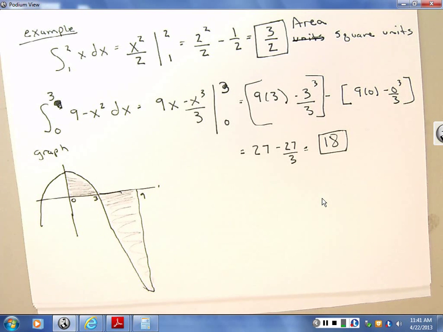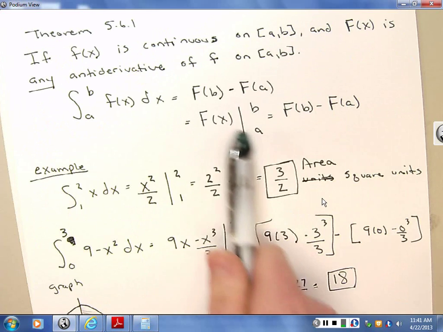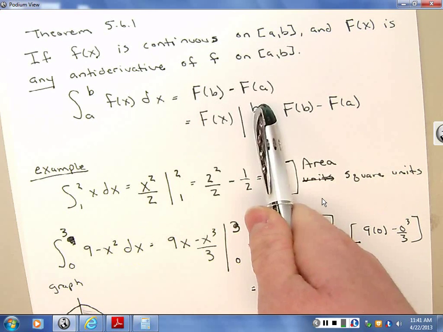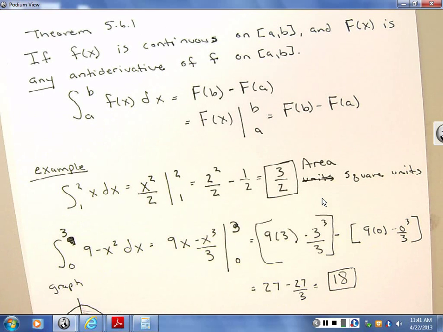Does that make sense? Yes. Can you explain conceptually what f of b minus f of a means? Yeah. This means you take the antiderivative at b minus the antiderivative at a. If this was a velocity, the average velocity would be the change in position, right?